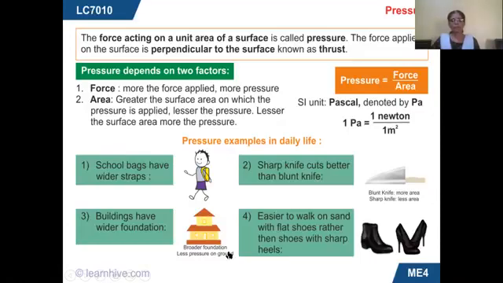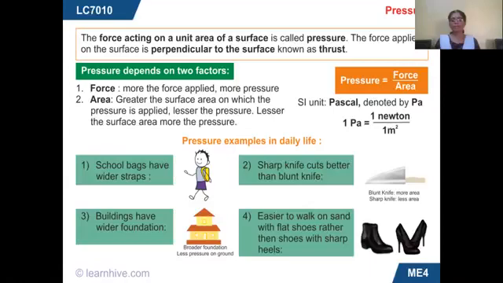a longer time. And the same, if you take shoes, if a shoe has a flat heel, the surface of the heel is very flat, means the area is more. If the area is more, then the force applied on the larger area, the pressure will be very less.